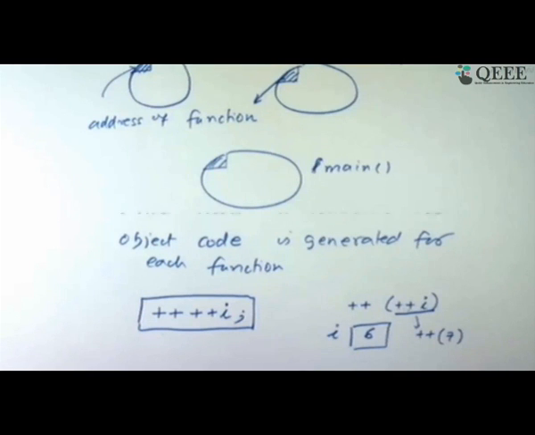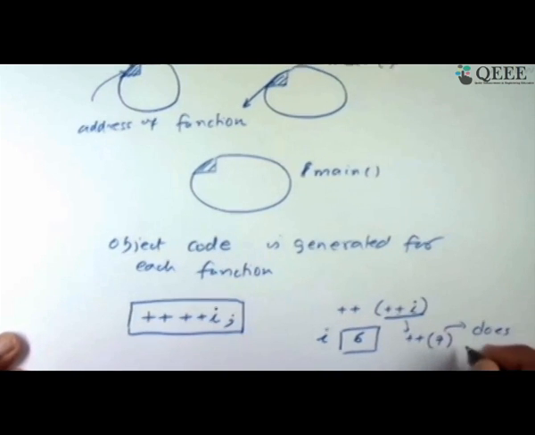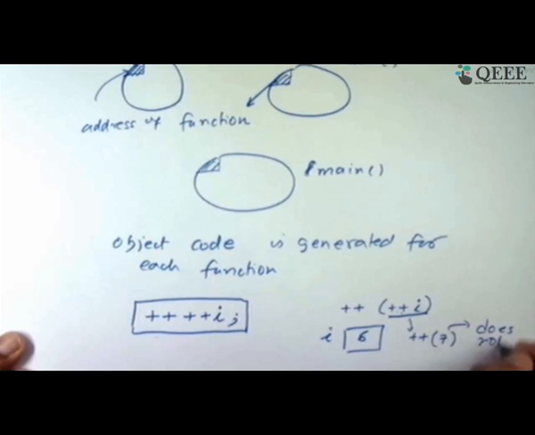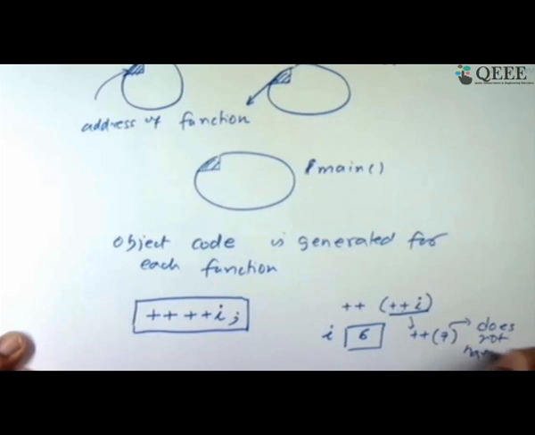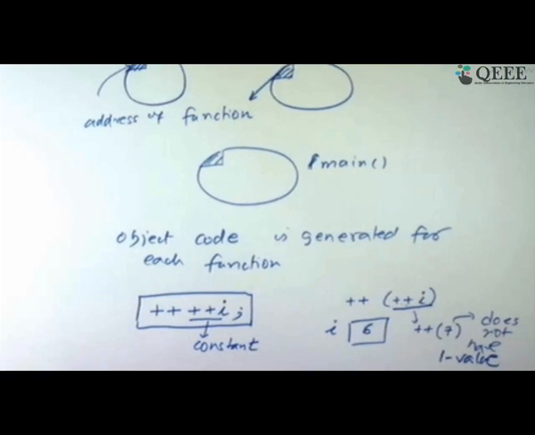It must have an L value. Now since 7 is an R value, does not have an L value, this is failed. So the point is that this ++I returns a constant. Even though I is a memory, ++I is a constant. And you cannot do a ++ on a constant.